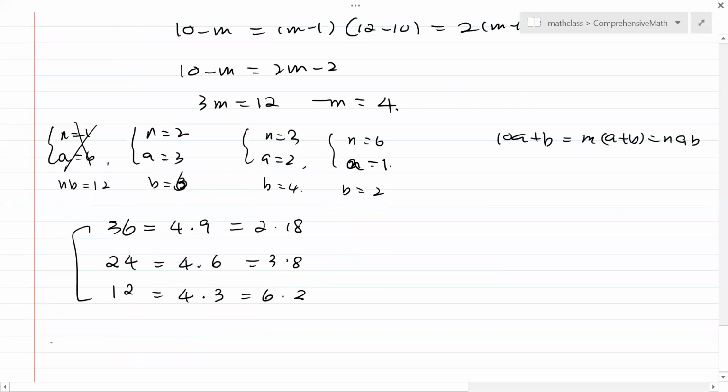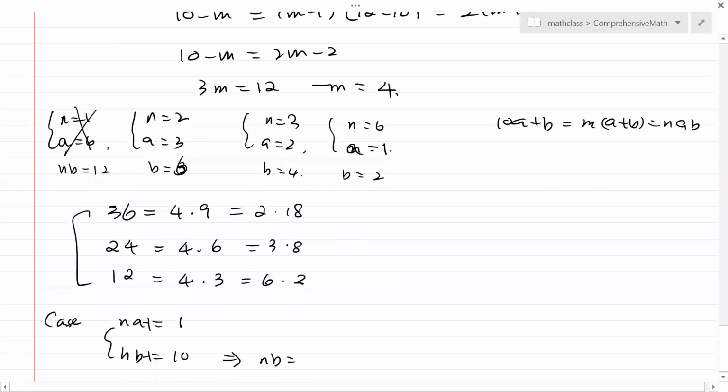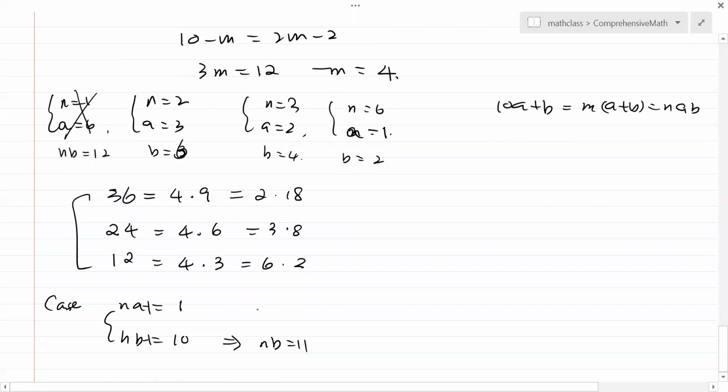Okay, so the last case, we have to say NA equals 1, and B equals 10. So that implies NB equals 11.